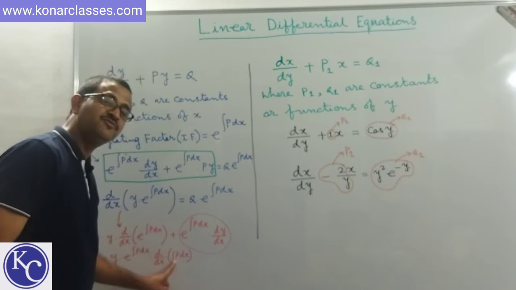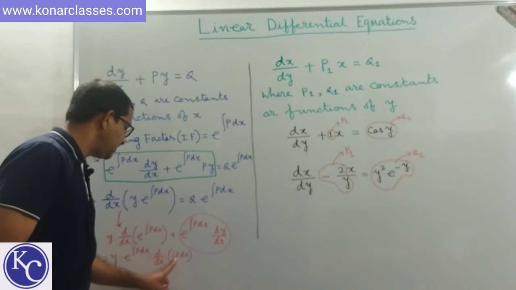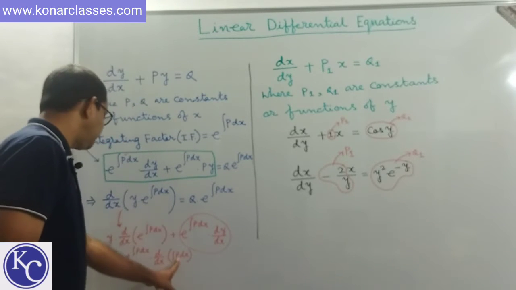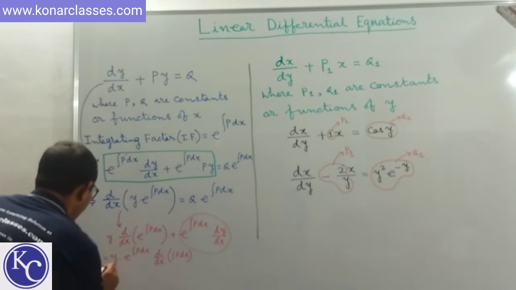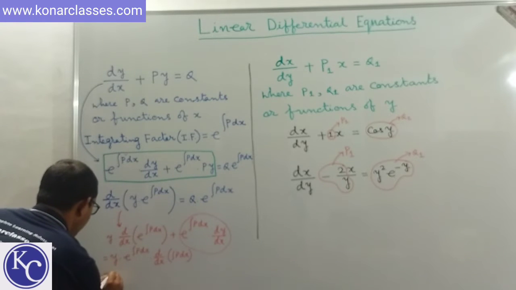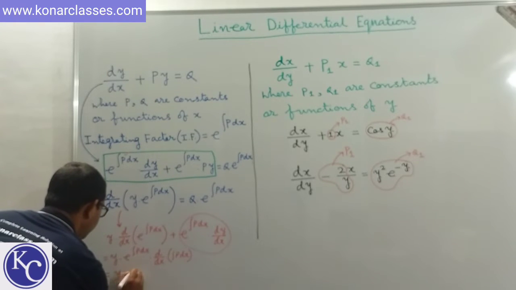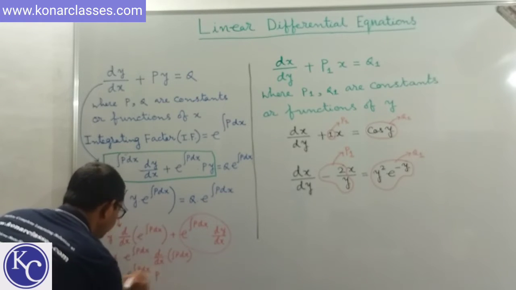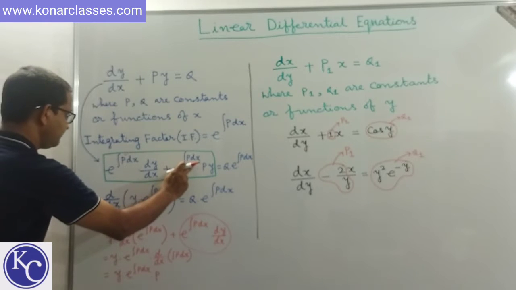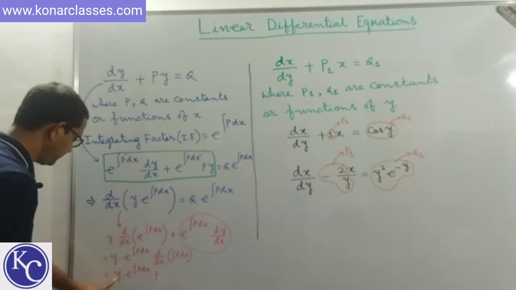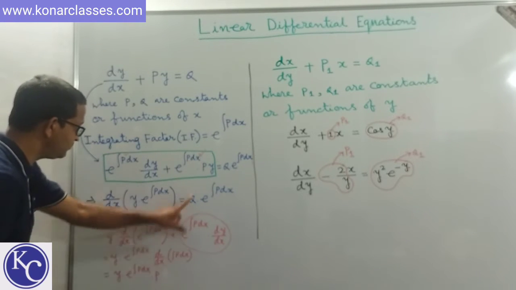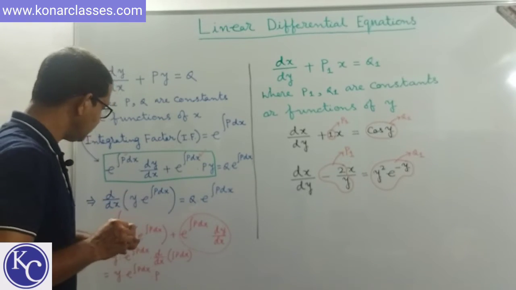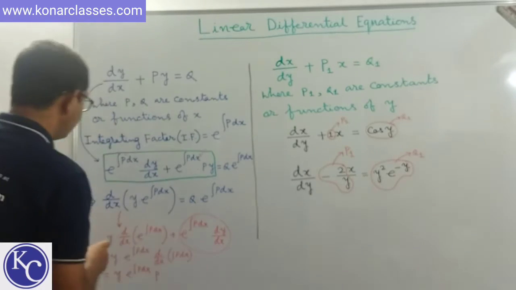Integration is the inverse process of differentiation, so d dx of integration p dx will give us p only, right? So what are we going to get out of here? We are going to get y into e power integration p dx into p, which is nothing but this term, correct? So that is the most important thing we have achieved.